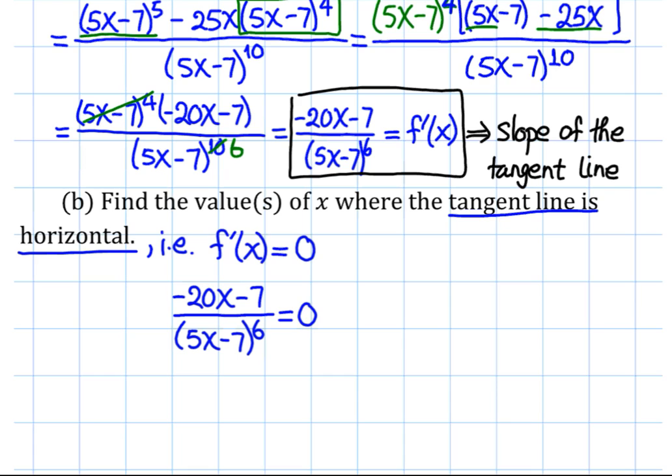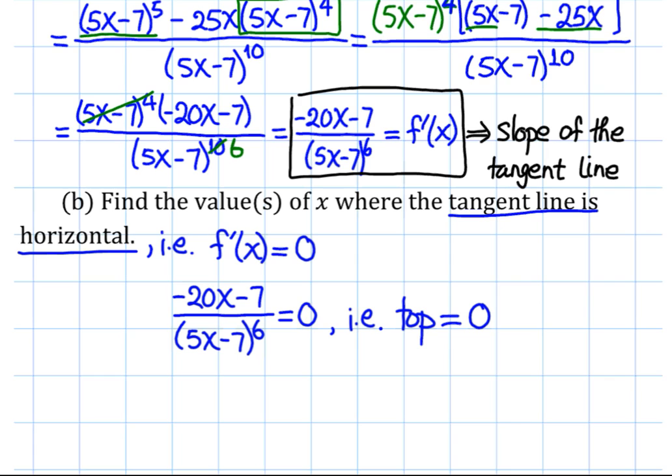But for the fraction to be equal to 0, the top has to be equal to 0. Because we completely simplified the derivative, the top and bottom have no common factor. So if the top is 0, the bottom cannot equal 0, and the whole ratio will be equal to 0.